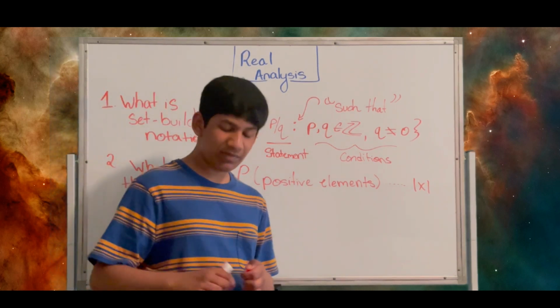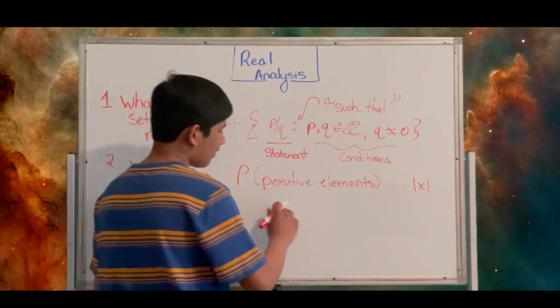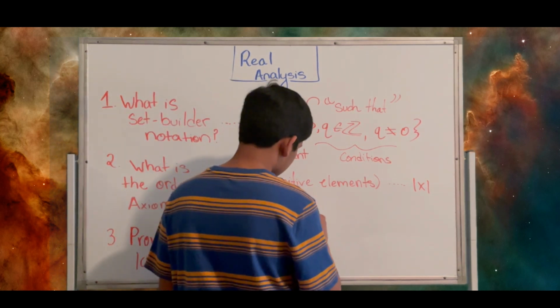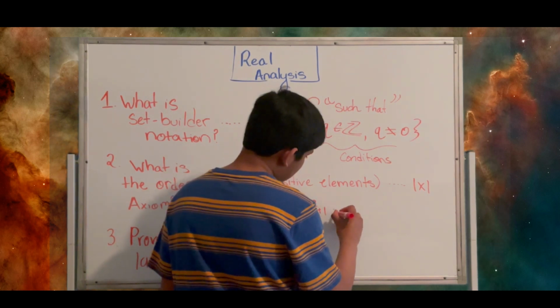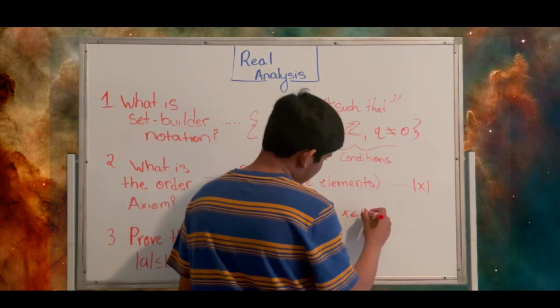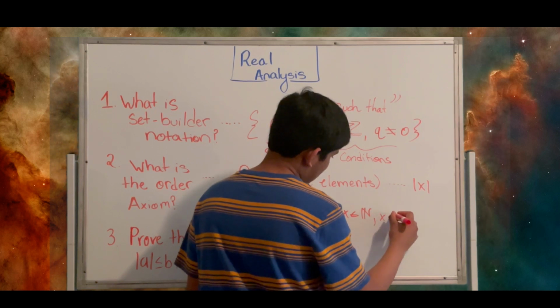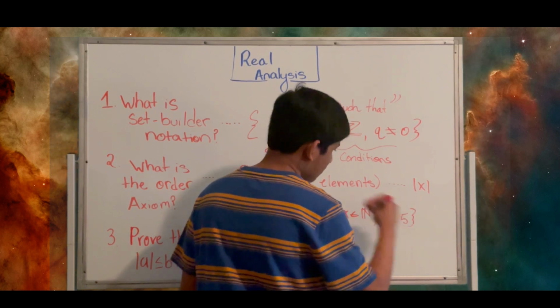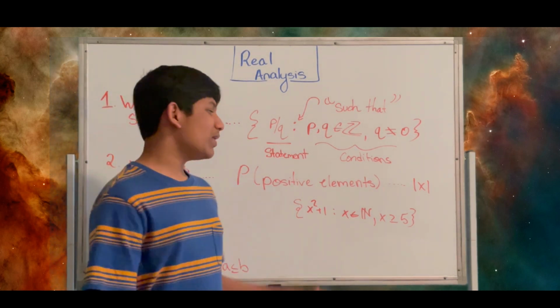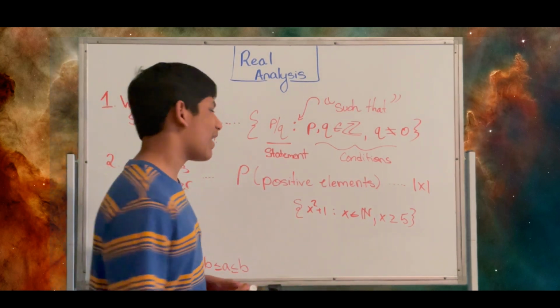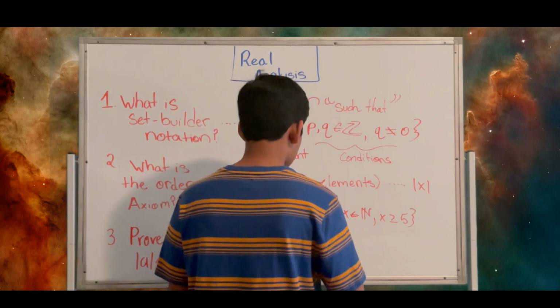So over here, I'm going to be writing an example of set builder notation. Let's say we have x squared plus 1 such that x is in the natural numbers and x is greater than or equal to 5. If we were to do this, then we can write an arbitrary amount of elements in this set.